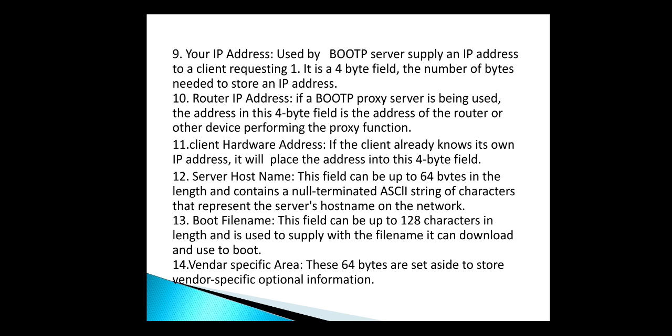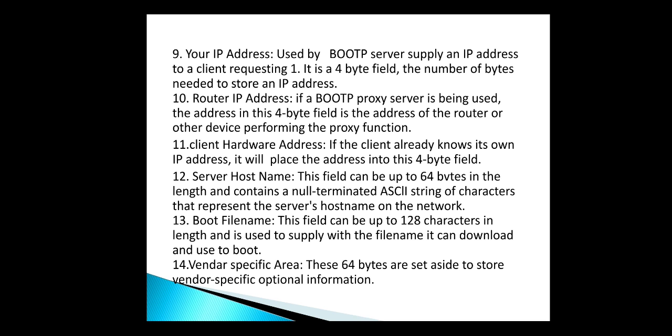Router IP address: if a BootP proxy server is being used, the address in this 4-byte field is the address of the router or other device performing the proxy function. Next is the client hardware address: if the client already knows its hardware address, it will place the address into the field. Server host name: this field can be up to 64 bytes in length and contains a null terminated ASCII string of characters that represents the server's host name on the network.